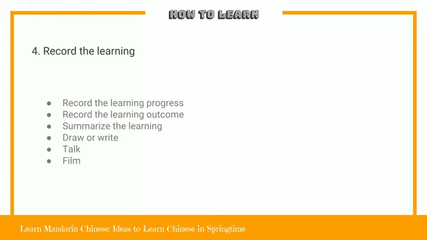We can ask them to talk about what they have learned. We can even film their learning. So the whole learning can become a journey, and that is a very rich and overall learning experience for the kids.